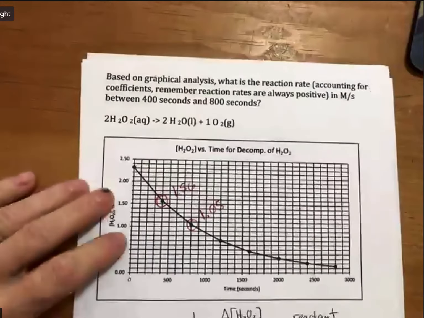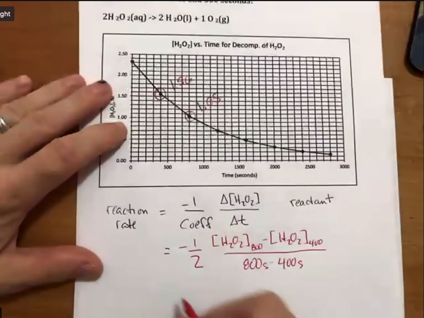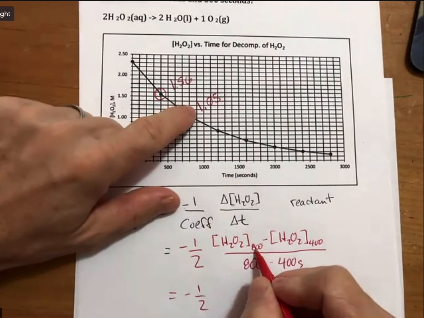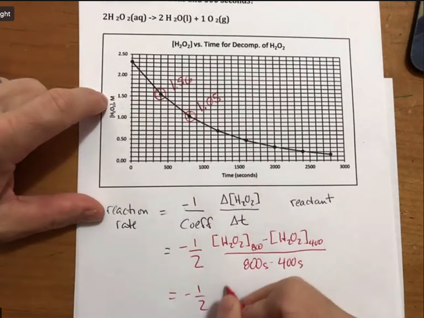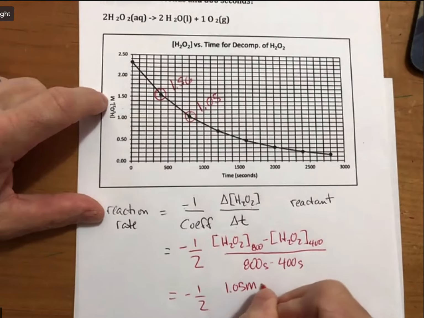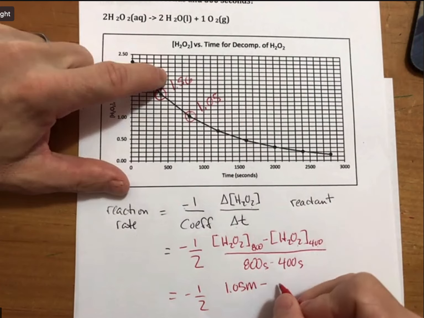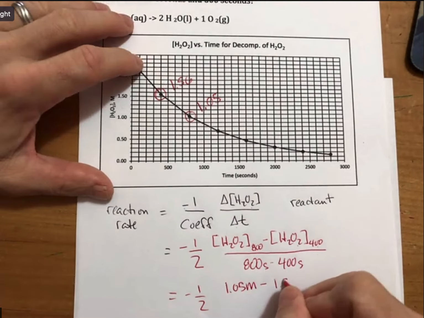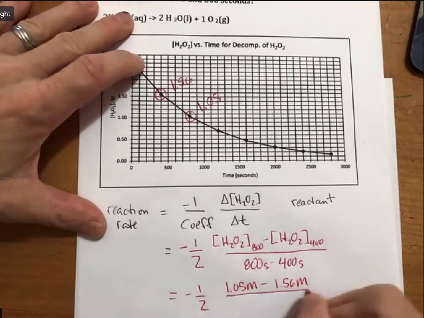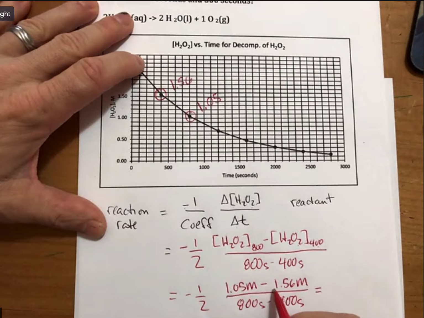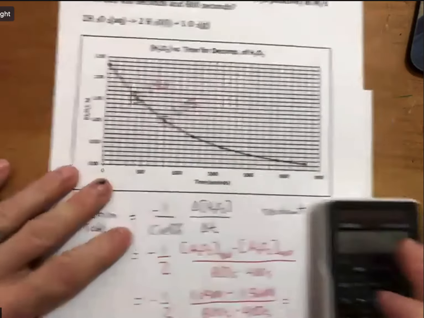And now plugging in my numbers. At 800 seconds, it's 1.05 molarity minus the concentration at 400 seconds, which is 1.56 molarity, over the time difference. And now I just have to multiply this out.